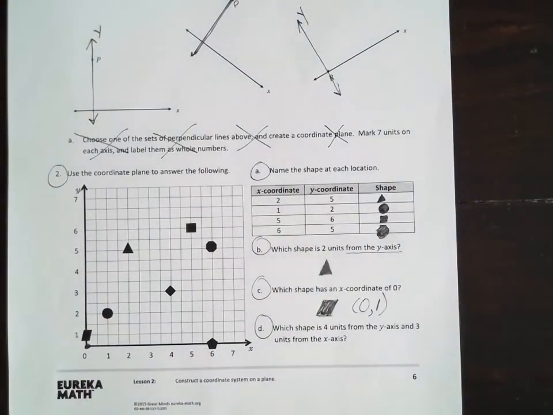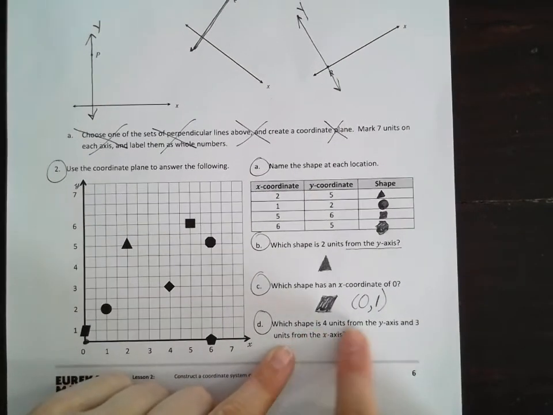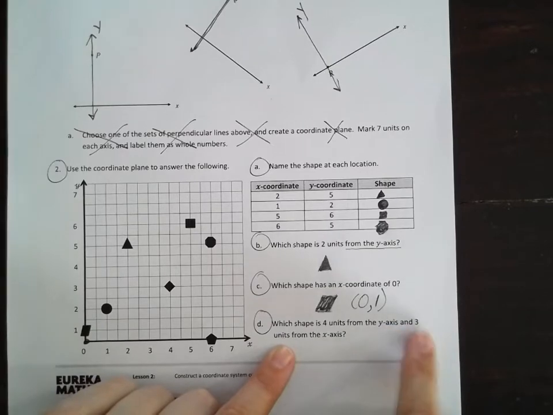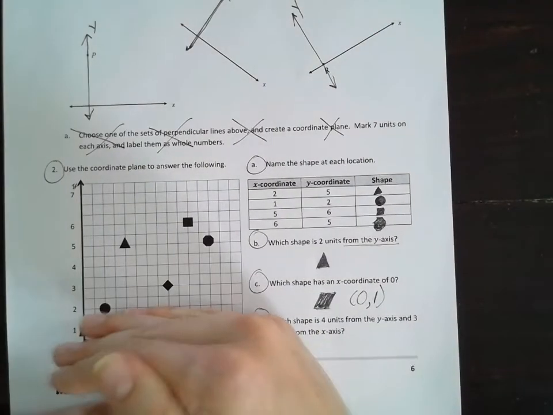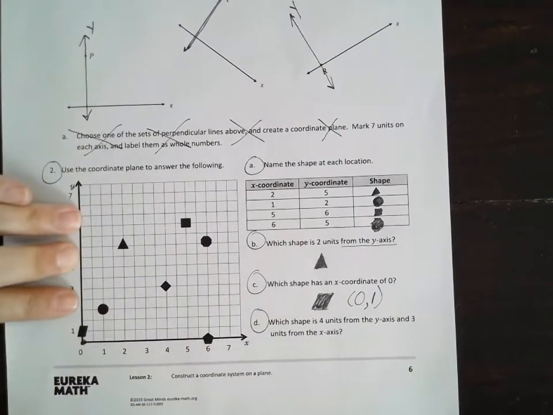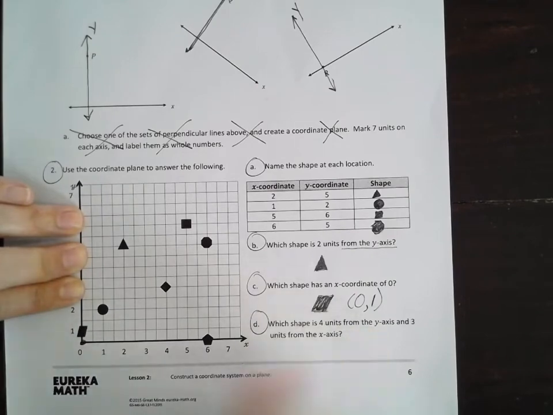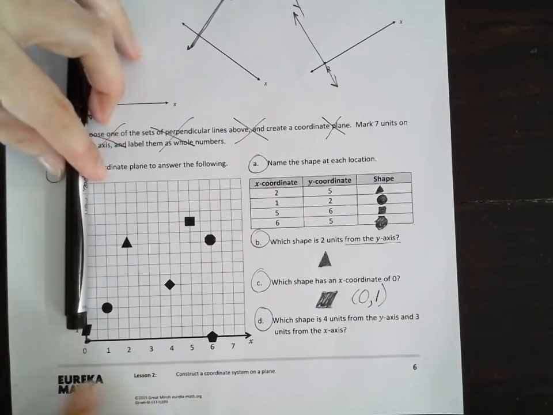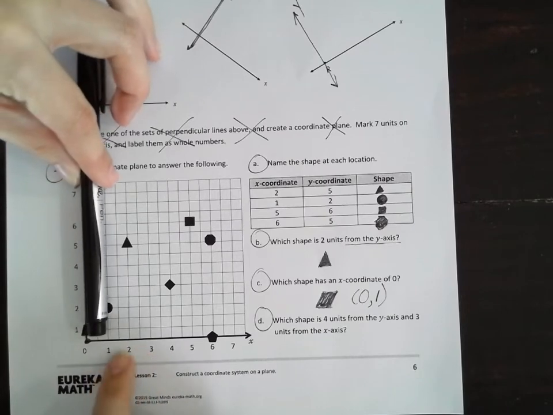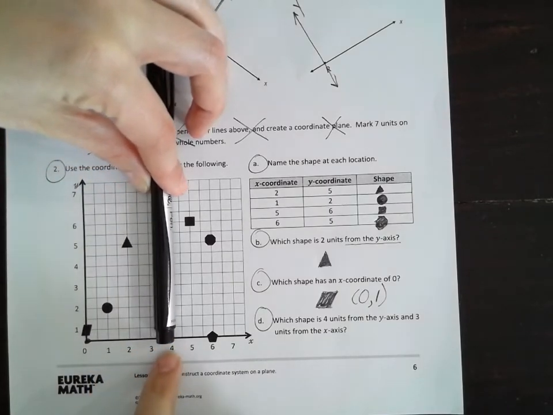Okay? All right, and here's another one like letter D. Which shape is 4 units from the Y and 3 units from the X? So literally, you're going to be on the Y. Put your fingers or put your hands on the Y axis, and you're going to go 4 units from the Y. 4 units from the Y. You can travel with your pencil. Watch the numbers down here. 4 units from the Y. Okay, so right now, I am on top of the square.